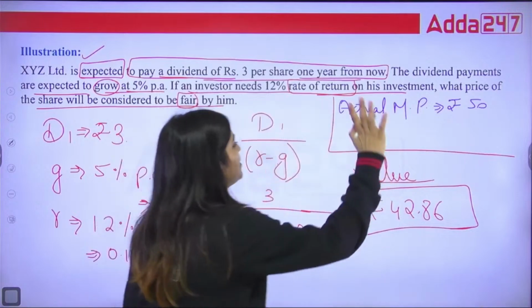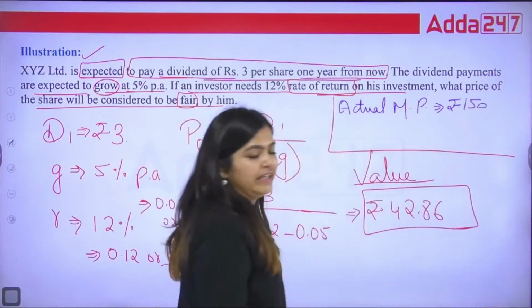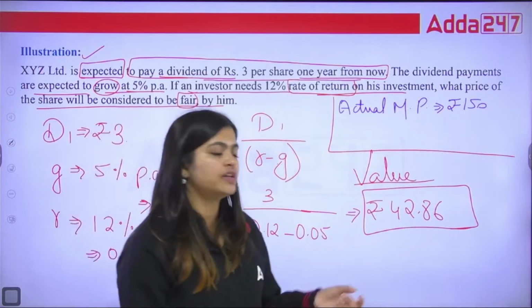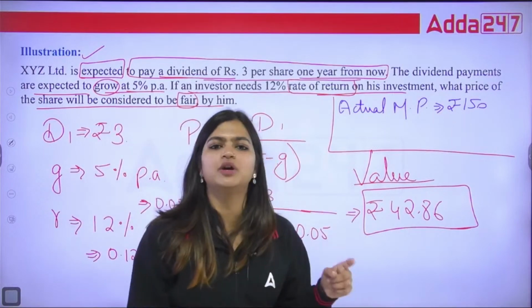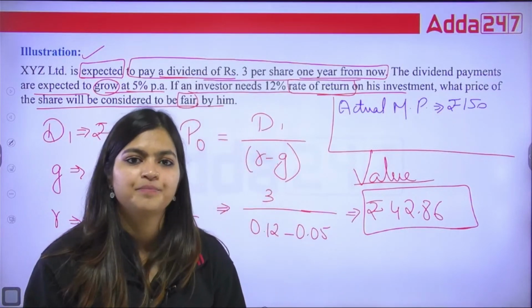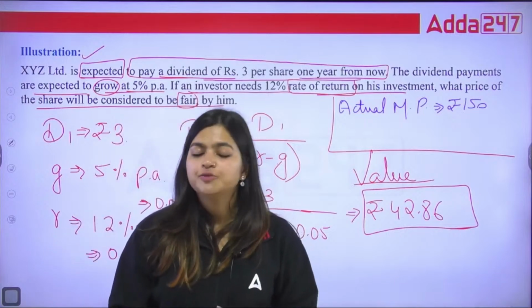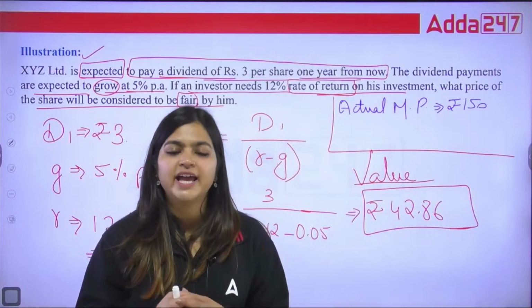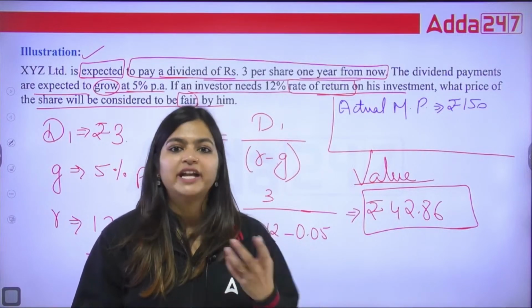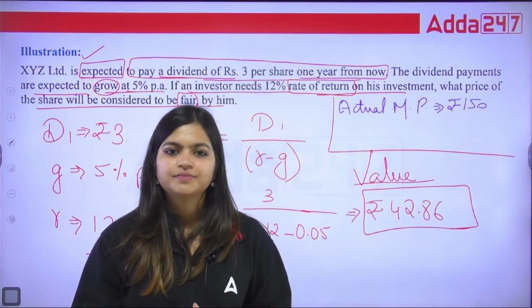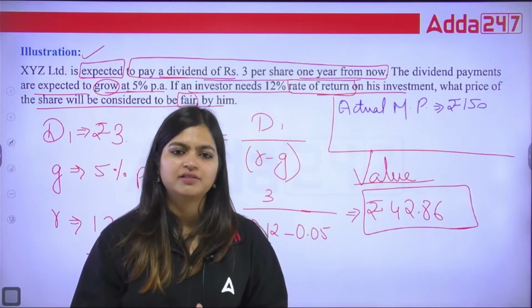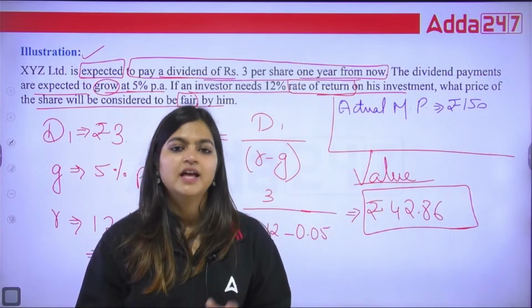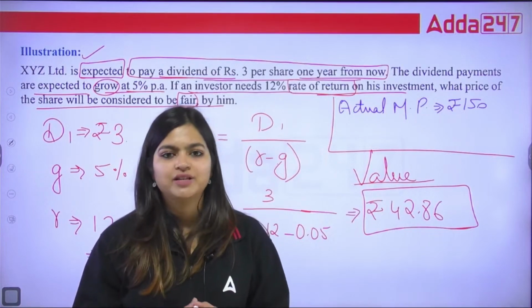Okay, not 50, for 150. And after the calculations, you got to know that the true value is only 42.86. So as a smart, very calculative investor, are you going to purchase this kind of shares or not? You are going to tell me this answer.